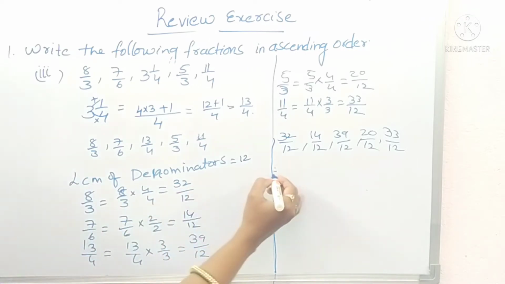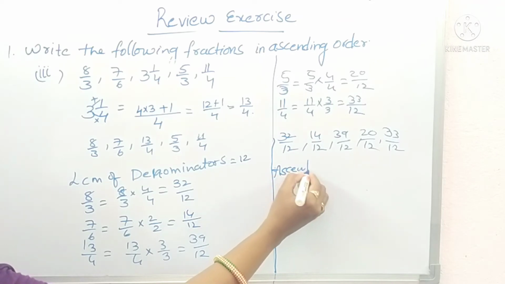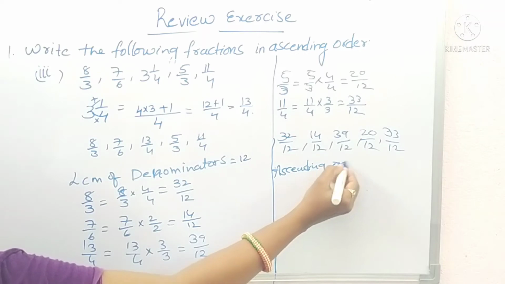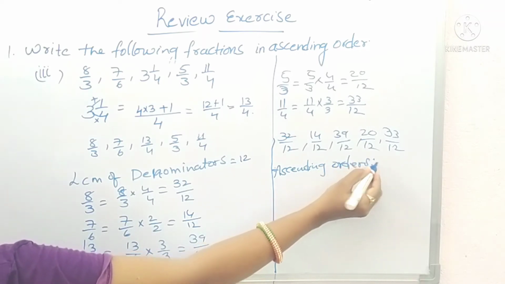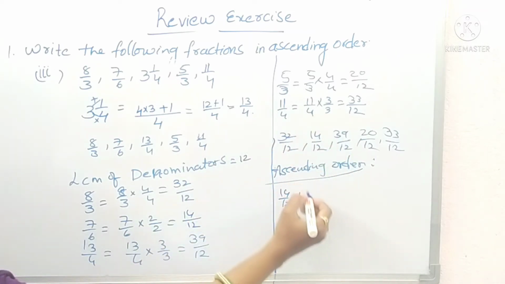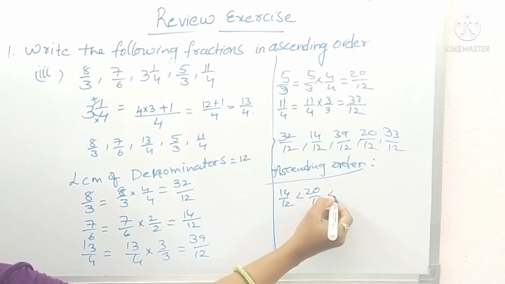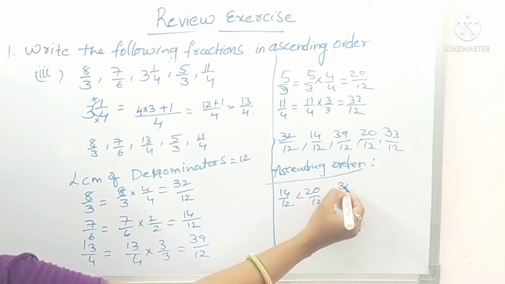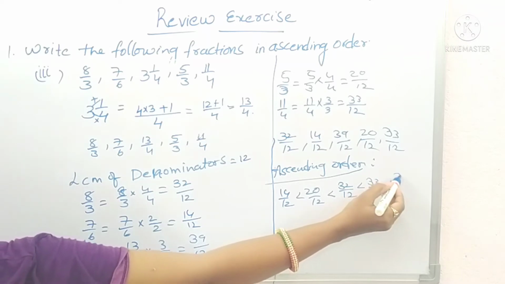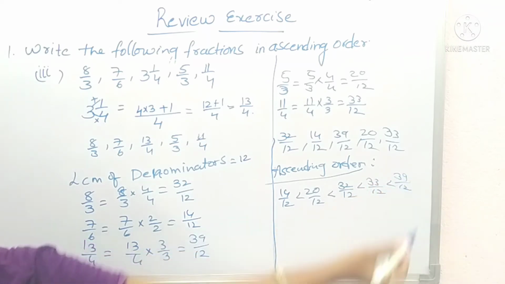So now in ascending order, just arrange the numerators from small to big. So what is the smallest? 14, right? 14 by 12 less than, next 20 by 12, next 32 by 12, next 33 by 12, and last 39 by 12.